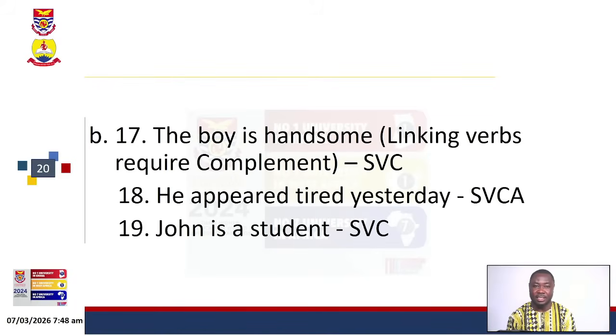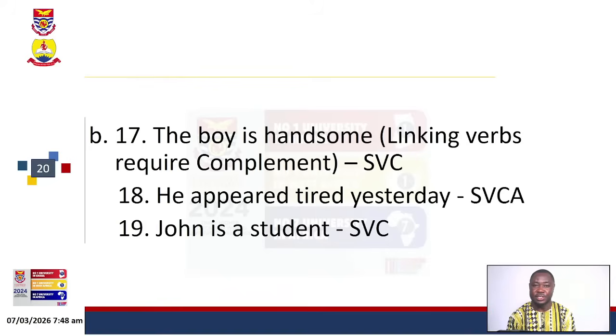What it means is that in sentence 18, we have subject, which is he, appeared, which is our verb, V. Tired is complement, which is C. Yesterday is adjunct, which is A. He is the one we are talking about. Appeared is a link verb, and then tired is a description that the link verb links to the he, and yesterday is the time of day that we are talking about.